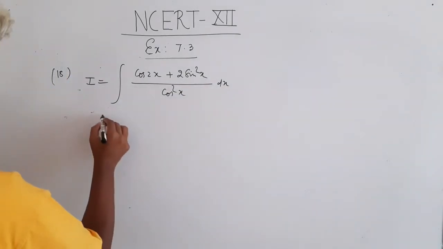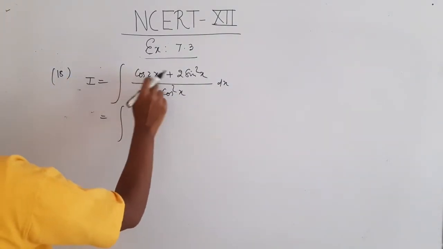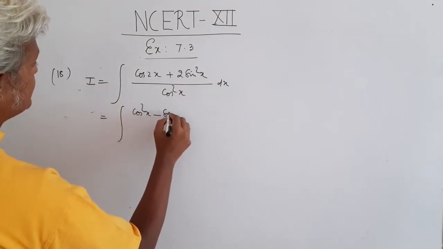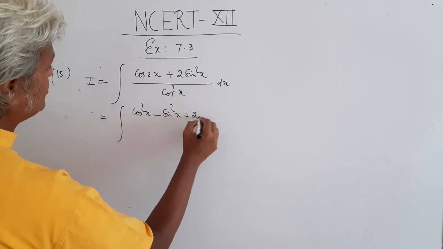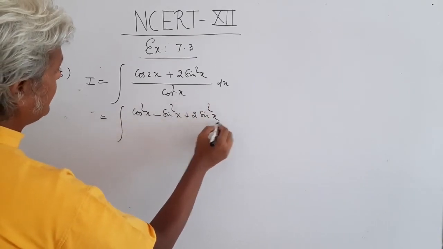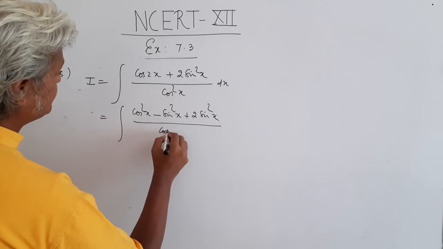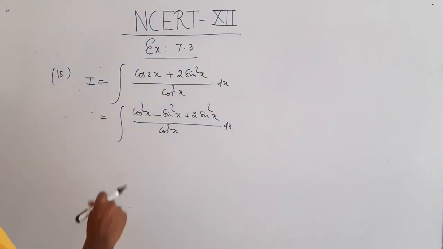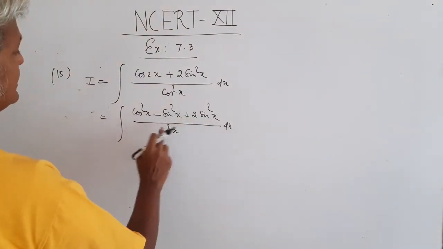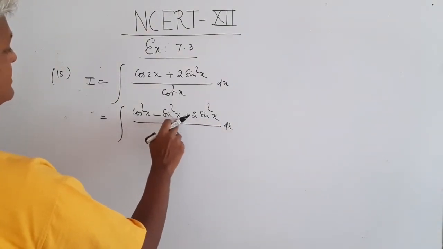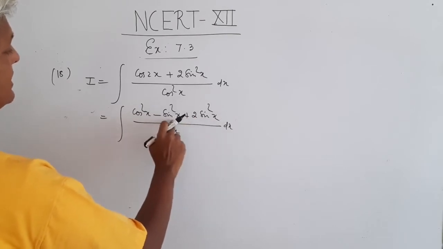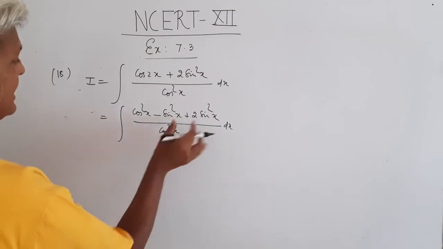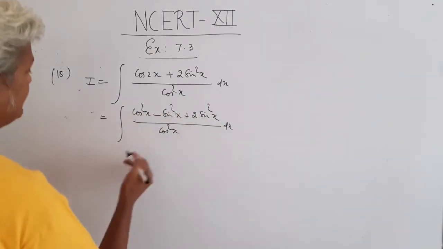Without wasting your time, we know that the formula of cos 2x is cos square x minus sin square x, plus 2 sin square x over cos square x dx. Now in the next line, if you see here properly, the minus sin square x and the plus 2 sin square x give you plus sin square x, and this cos square x plus sin square x will become 1.